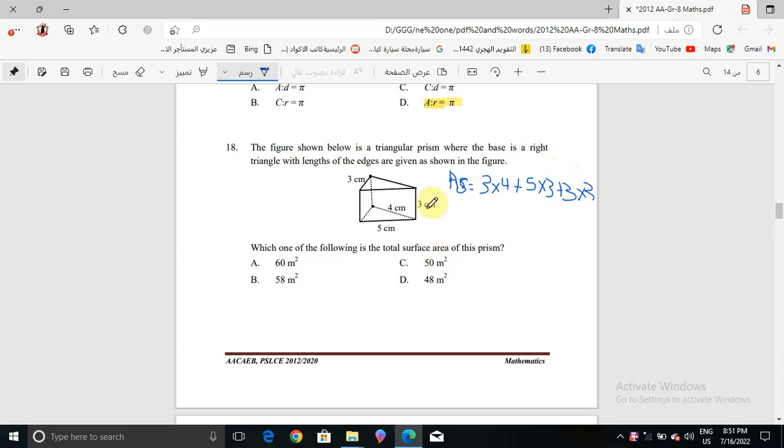Why did I do that? Because 3 here is the height: 3 times 4, 3 times 3, 3 times 5. Okay, then the final answer will be 36 centimeter. It should be centimeter here, but they wrote meter. Centimeter squared.